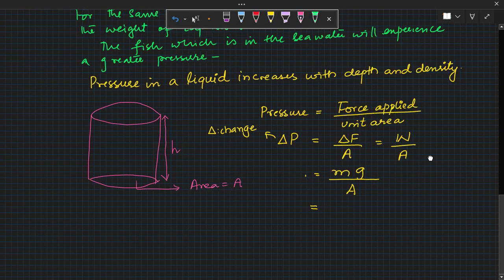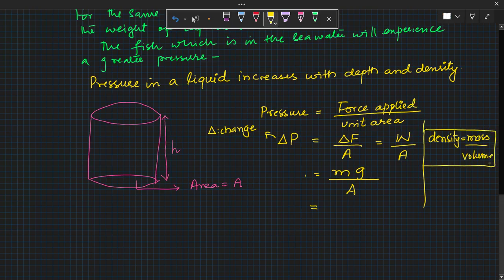Now, if I recall the formula for density, what is it? Density equals mass over volume, right?